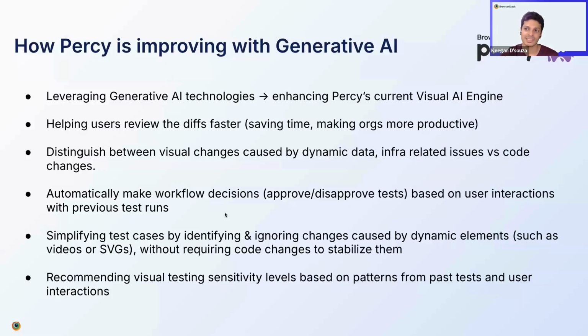A loading animation would always change on a page. It's not a visual bug, but if you catch a loader at a different status, there's always going to be a change. So how can we automatically identify that? Review agent is already working towards that, and it's going to get there in a couple of weeks, in fact.